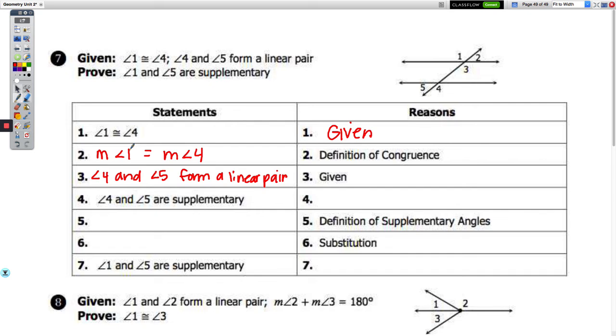Now, what tells us that if angle 4 and 5 form a linear pair, that they are also supplementary? Definition of supplementary.